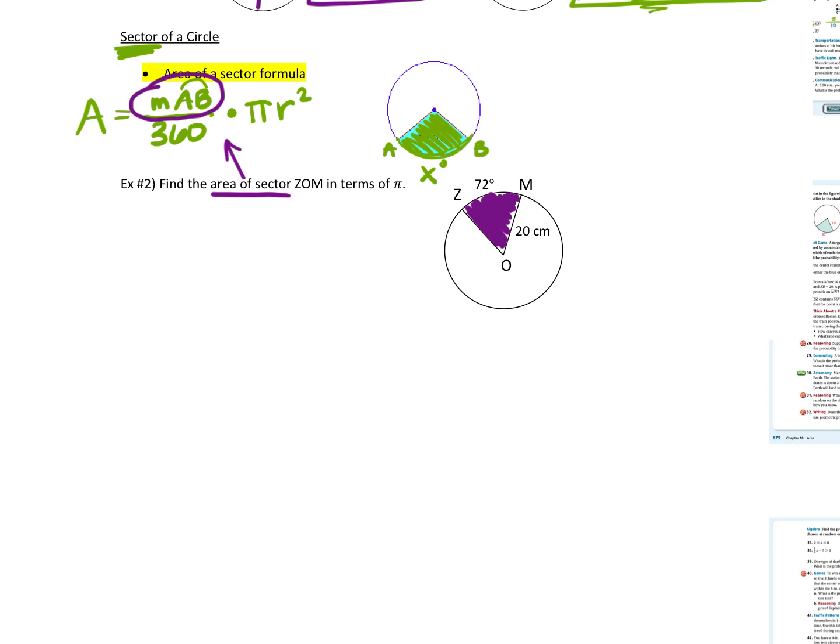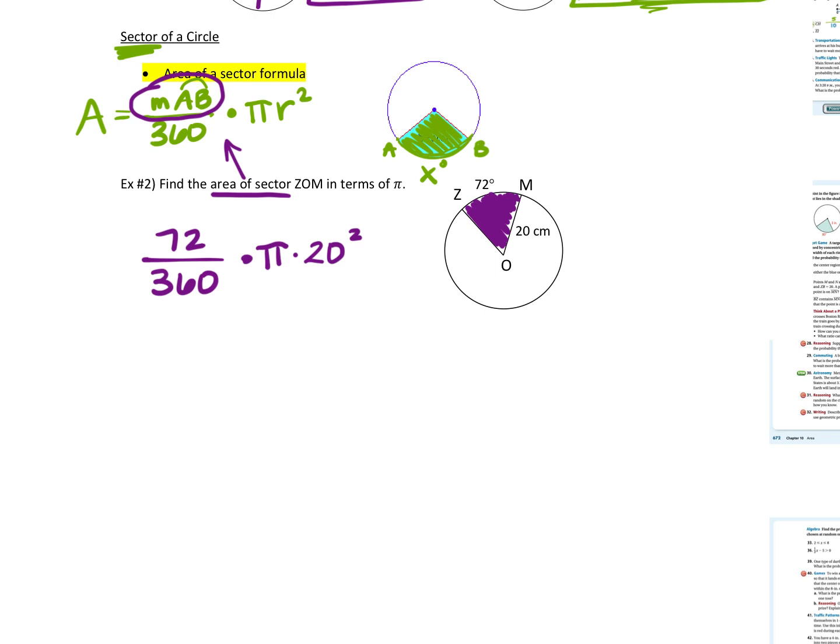Well, 72 is the measure of the arc, over what? 360, times what? Pi times 20 squared, right? Pi r squared. Your radius is 20. So pi times 20 squared.